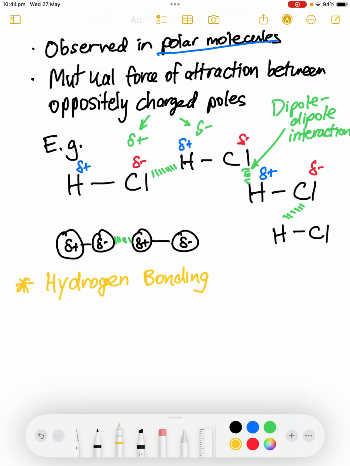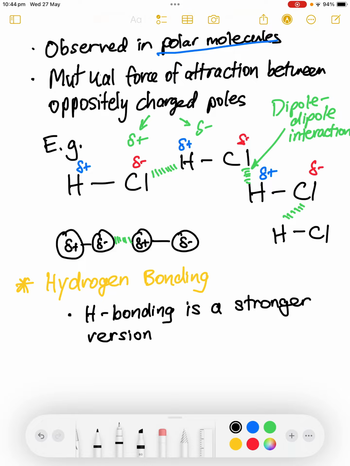We can see hydrogen bonding as well is very similar, as I said, to dipole-dipole, but hydrogen bonding is actually a stronger version of dipole-dipole forces.